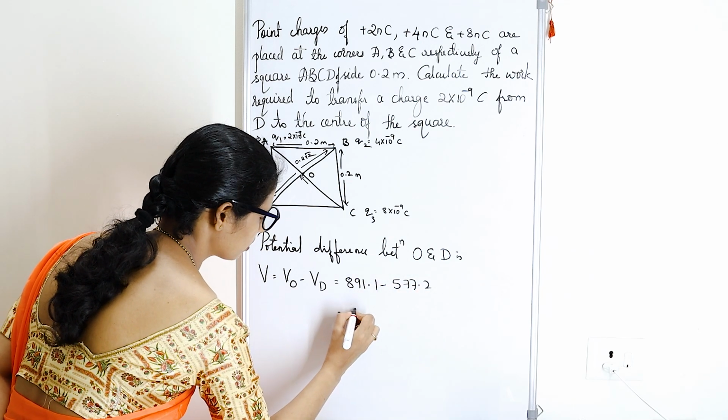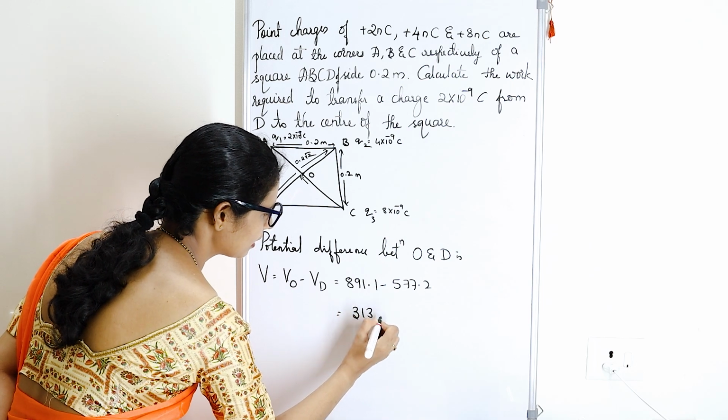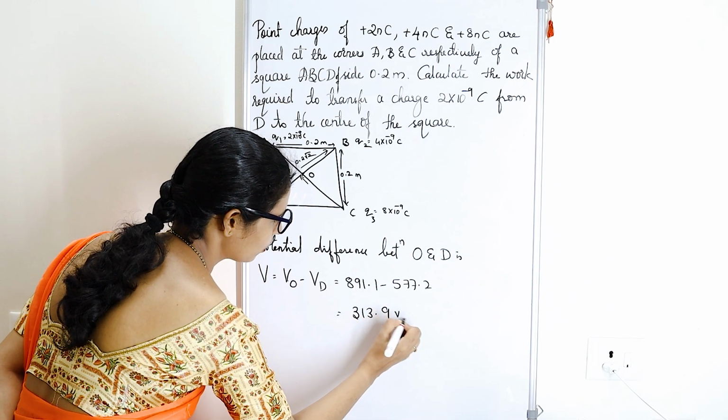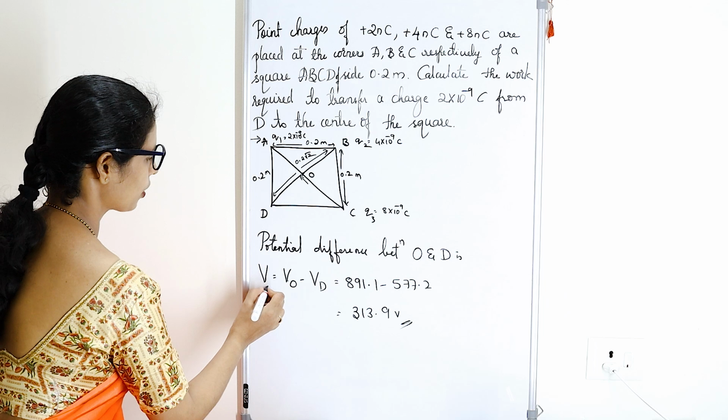What's the value? The value is 313.9 volt. This is the potential difference.